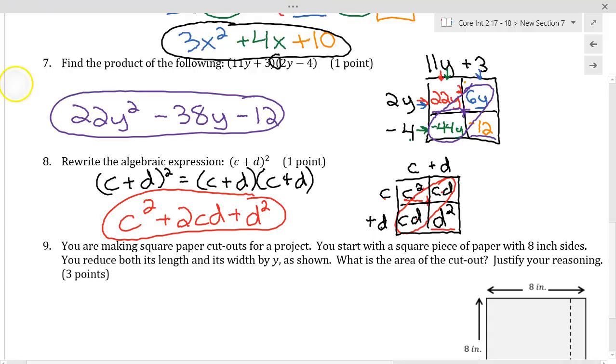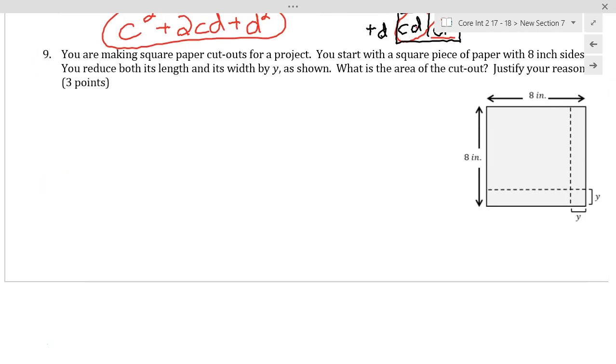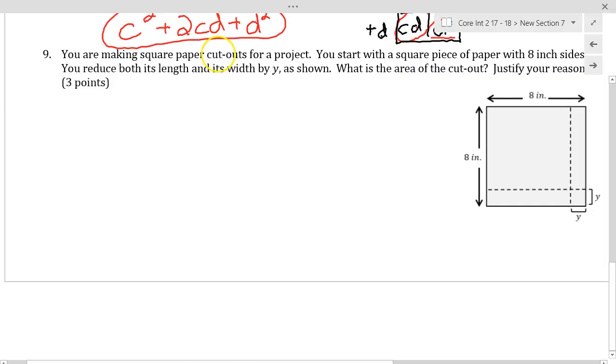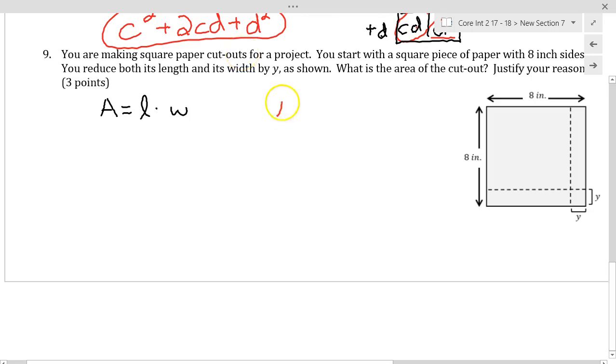All right, let's look at number 9. You're making square paper cutouts for a project. You start with a square piece of paper with side 8 inches. You reduce both its length and its width by y as shown. What is the area of the cutout? Okay. Well, I need my area equals length times width. So I need my length.